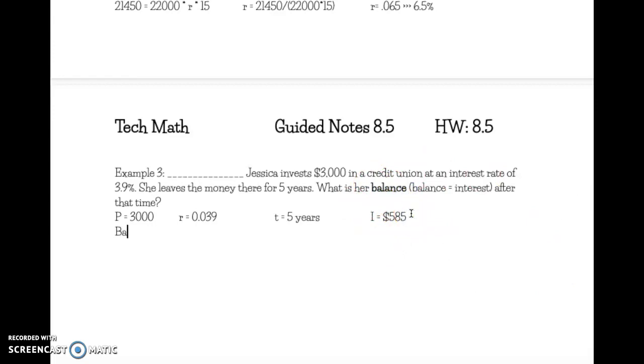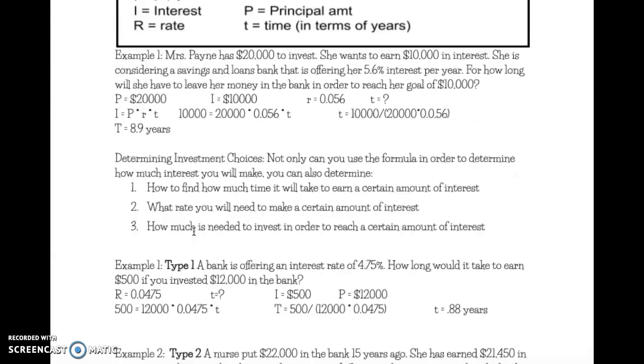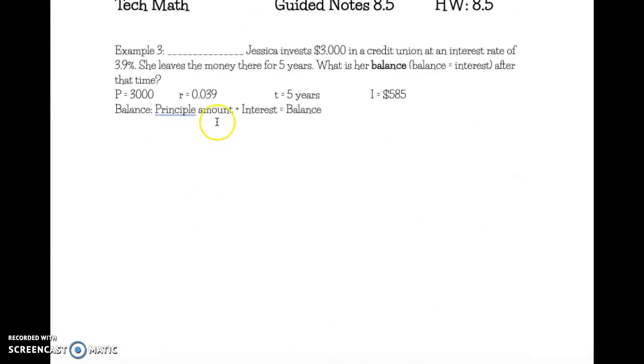So if I want the balance of the account, I need to say her principal amount plus interest equals balance.